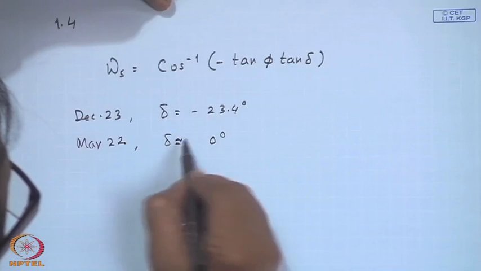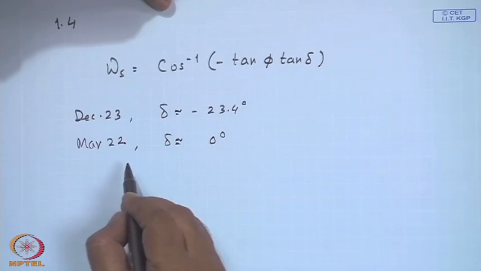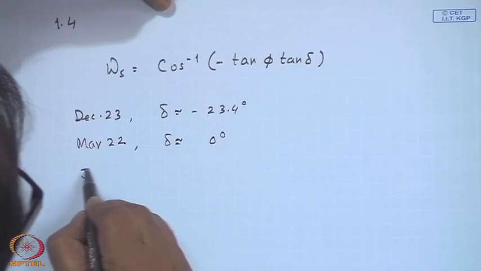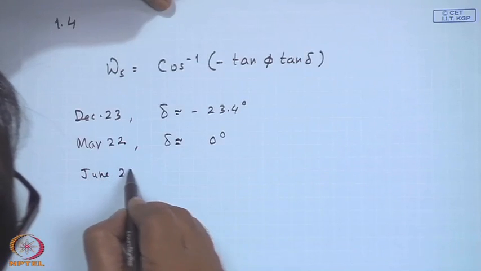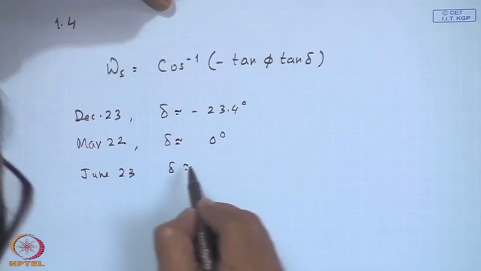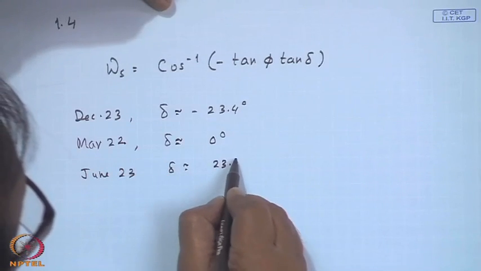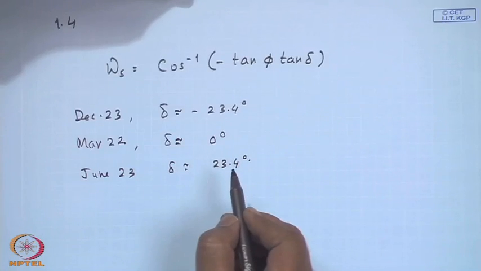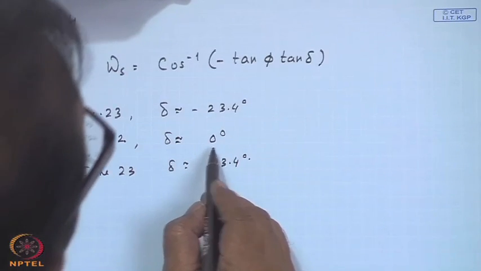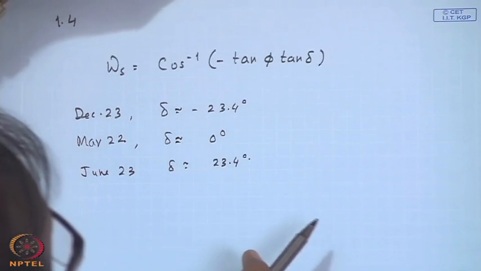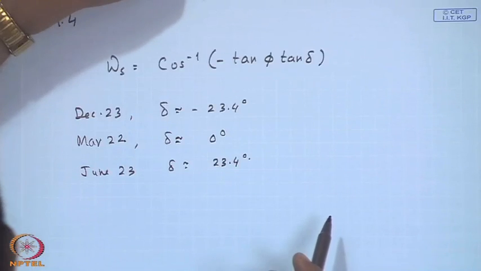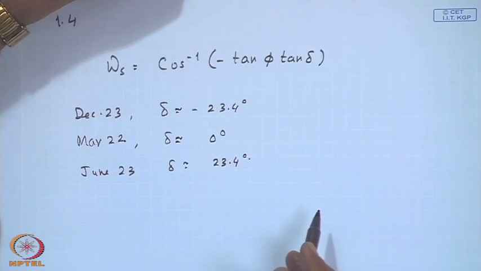So, if you want, you can say approximately, and June 23rd, okay. The issue is it is 0 near, these are 23.4, 23.4 maximum negative and positive values.